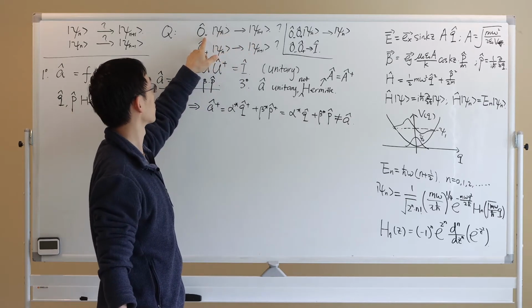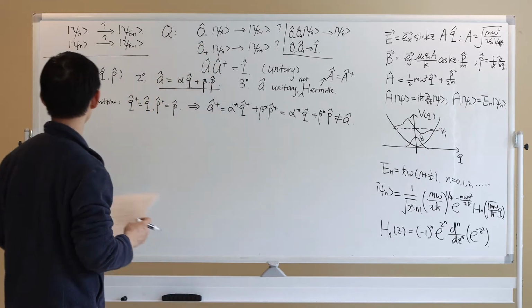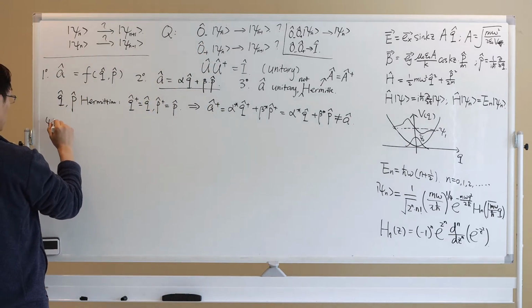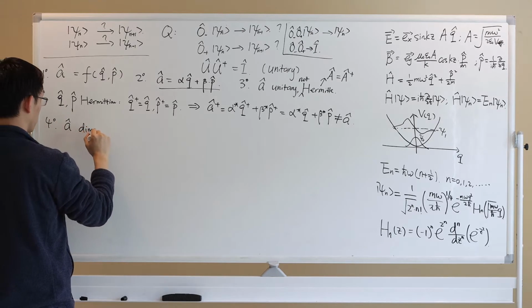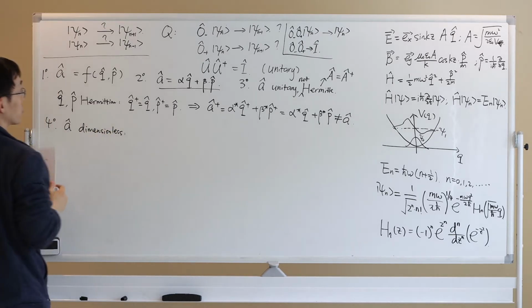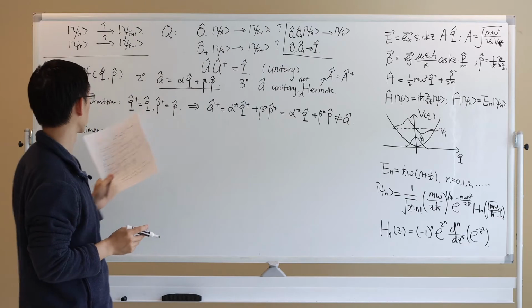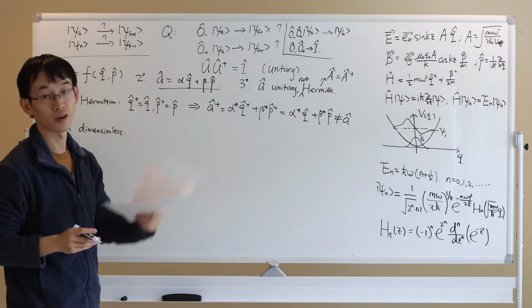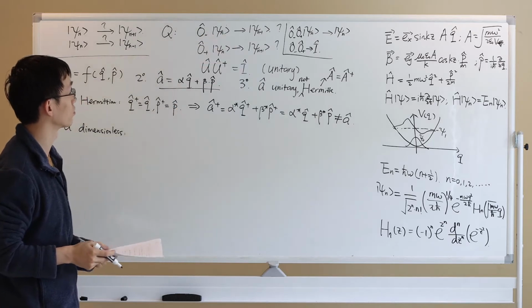So in terms of dimension, A should be dimensionless. It shouldn't change if you move from one wave function to another, so that you don't add any unit to the wave function.